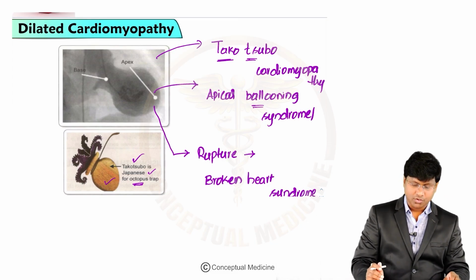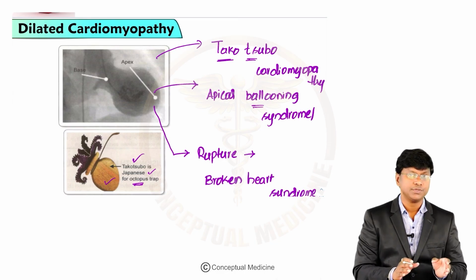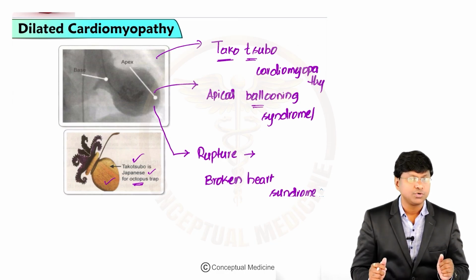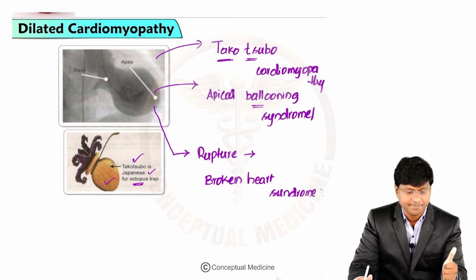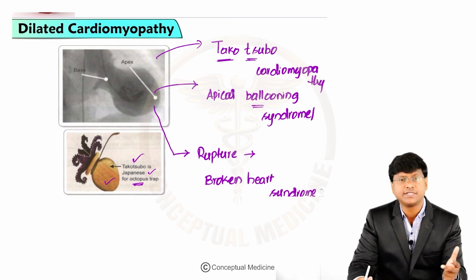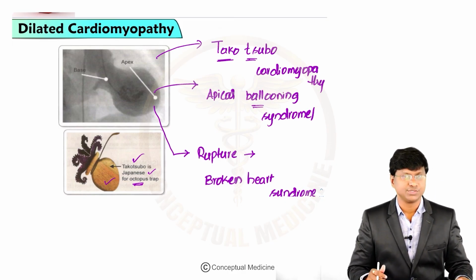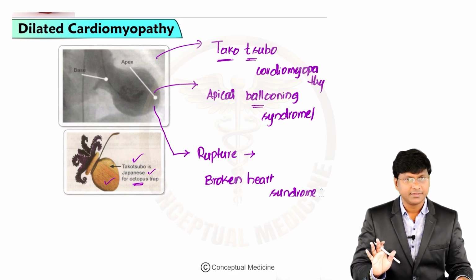So Takotsubo cardiomyopathy has the following names. Number 1, stress cardiomyopathy. Number 2, apical ballooning syndrome. Number 3, broken heart syndrome. So that is about the various names of Takotsubo cardiomyopathy.